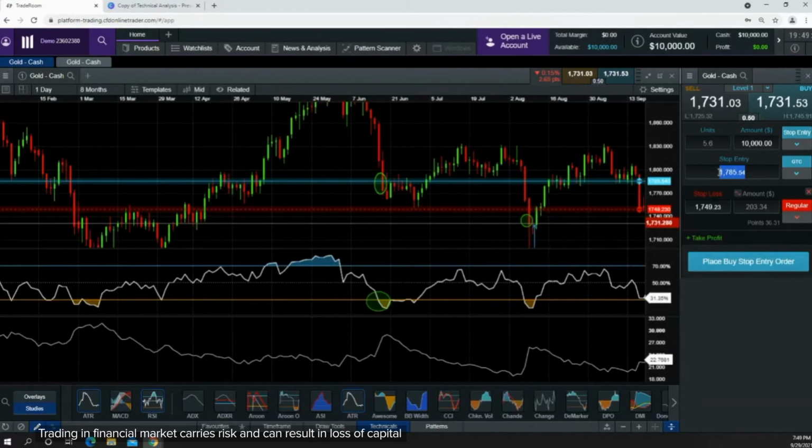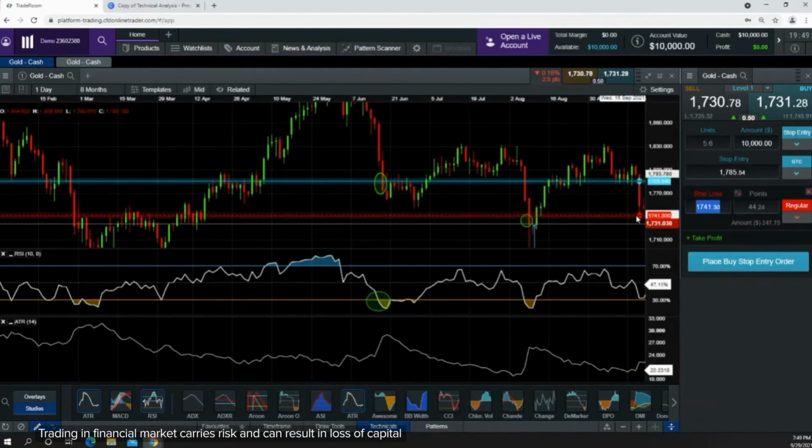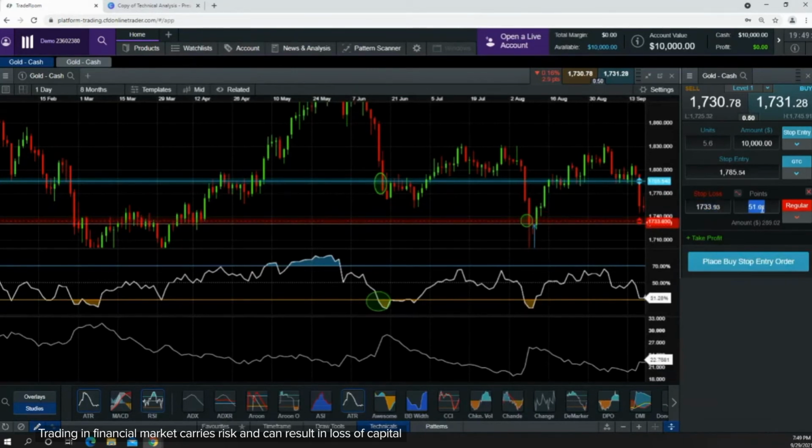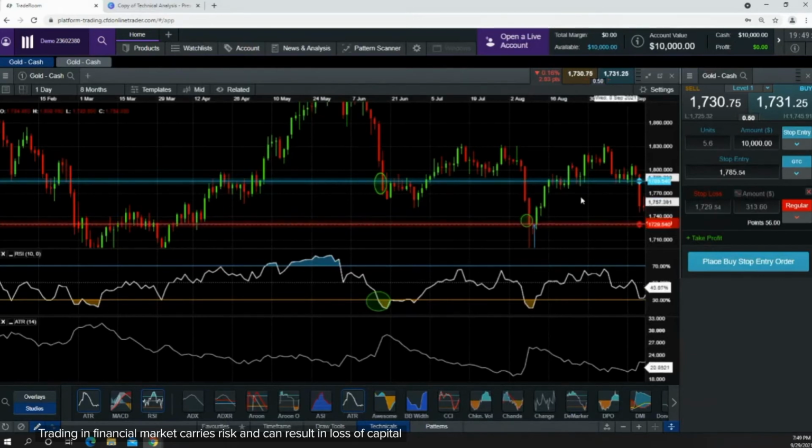The buy price is 1785, and I know since gold can move $55 during the week, I will always make sure I keep a distance of $56 minimum, $56 away from the market.